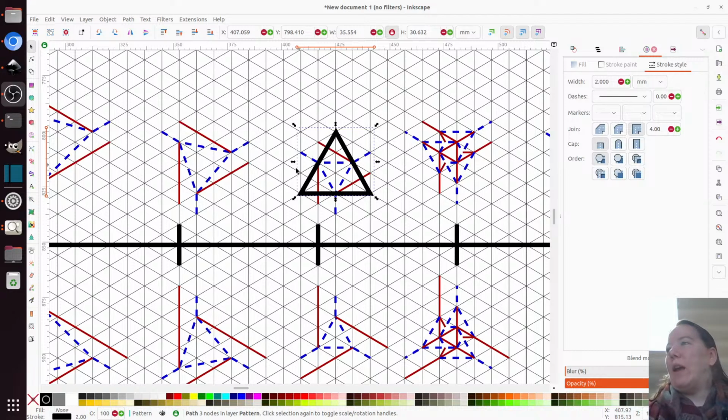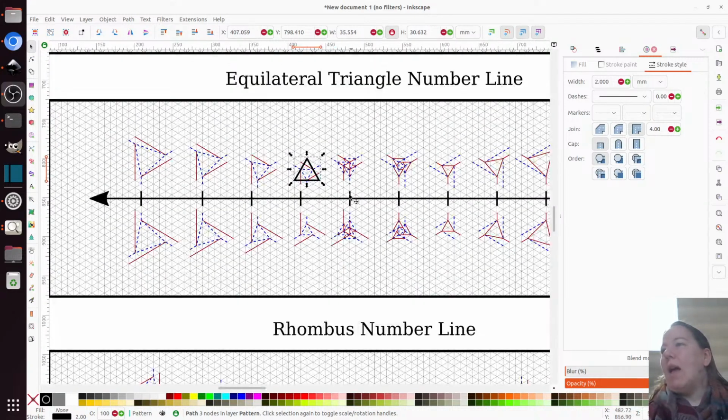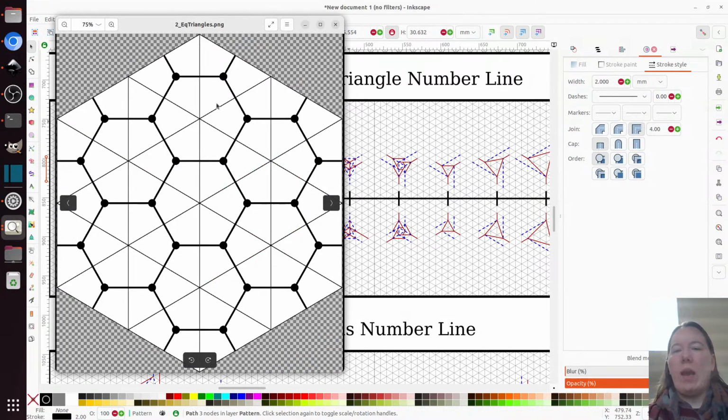So I could say, all right, I've got this triangle idea, and we saw that triangle idea playing out in the tiling.